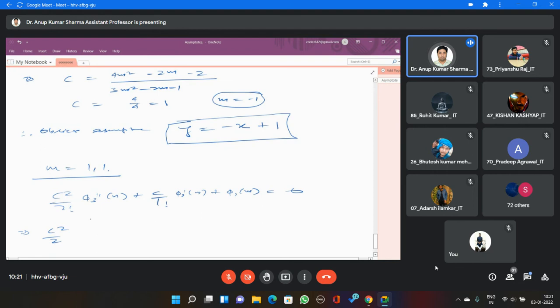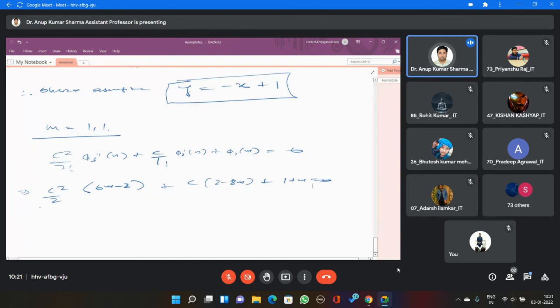Double dash means we differentiated again, so we will have the same term. 6m minus 2, yes, 6m minus 2. Then c into phi 2 dash, which is minus 4m plus 1. Yes, correct. And phi 1 m plus m is equal to 0.